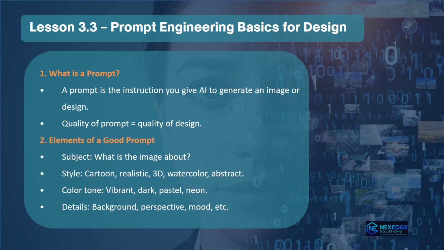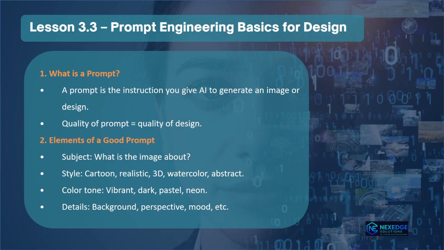Subject simply means what the image is about. What is the image about? That is subject. And secondly, style. Is it cartoon, realistic, 3D, watercolor, or abstract? So this is the style.